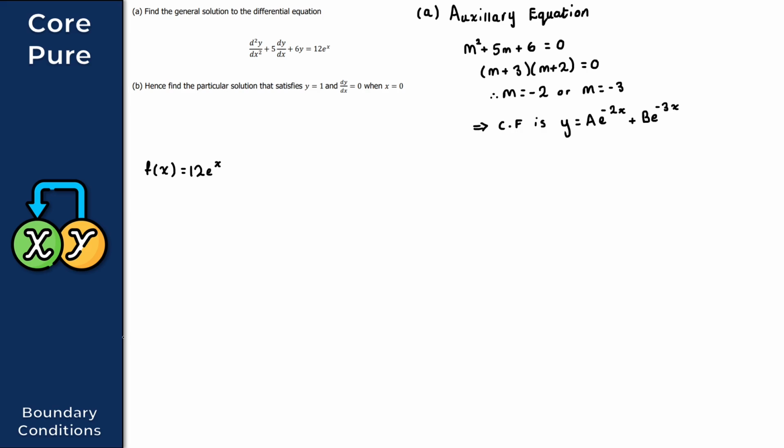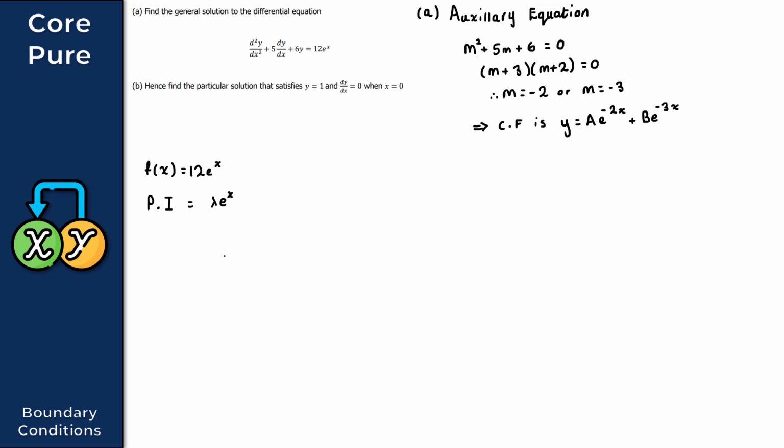In that case, my particular integral will be of the form lambda e to the x. So our particular integral, which I'll shorten to p.i., is lambda e to the power of x.